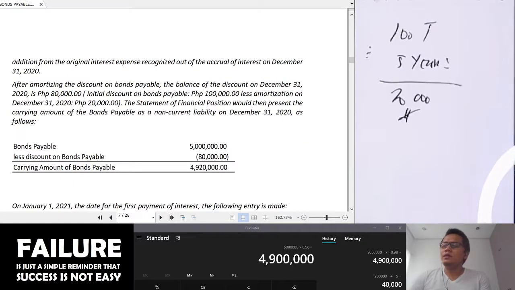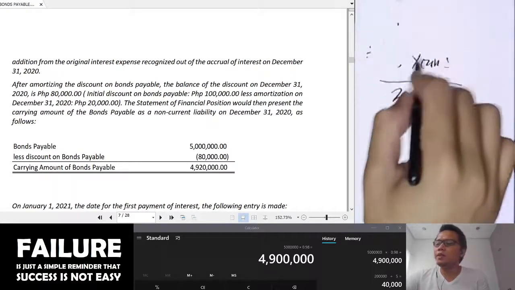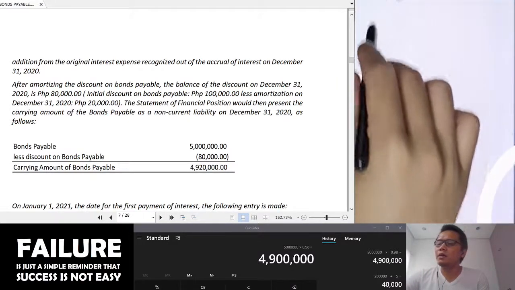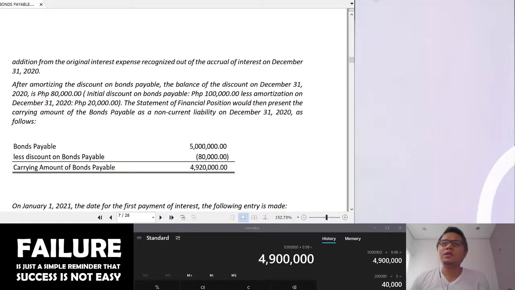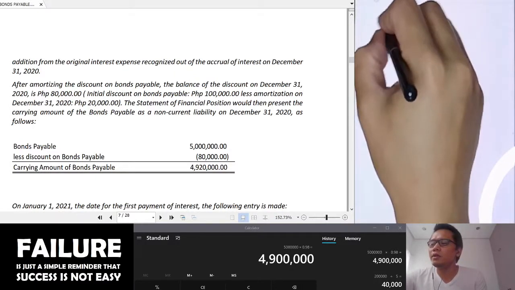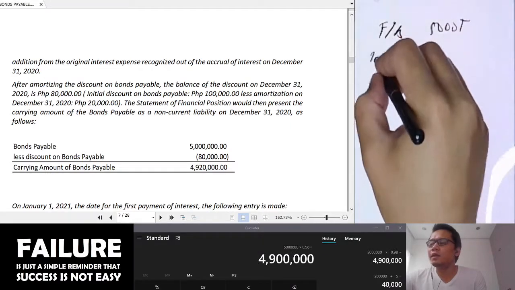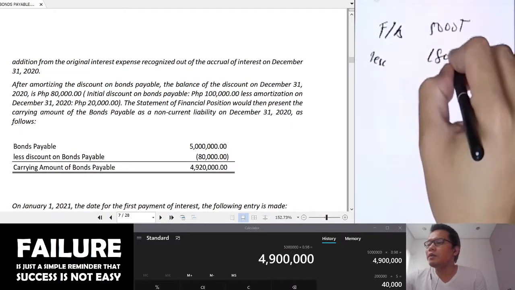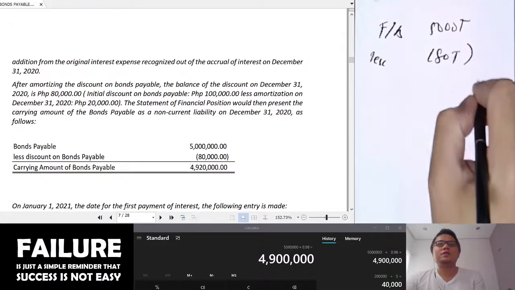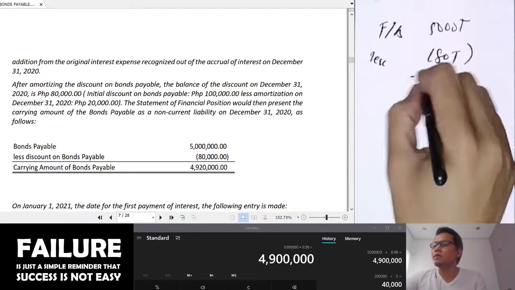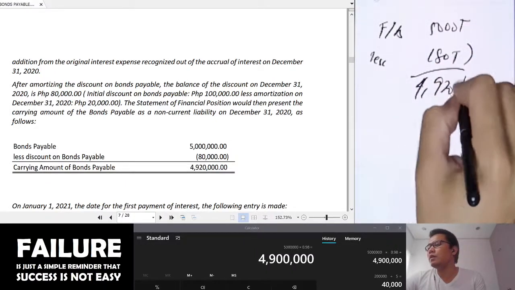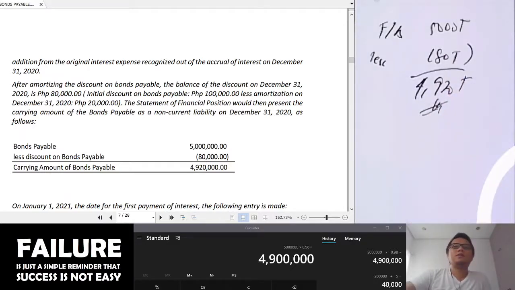So again, on December 31, 2020, the carrying amount would be computed as your face amount of 5 million less the balance of your discount, which is 80,000. So that would be 4,920,000.